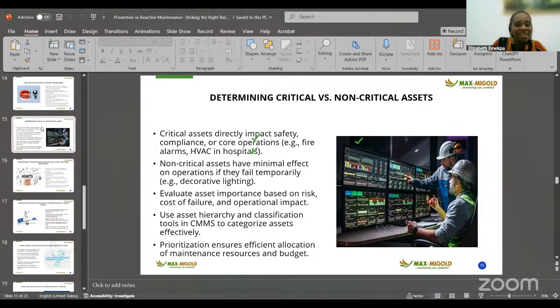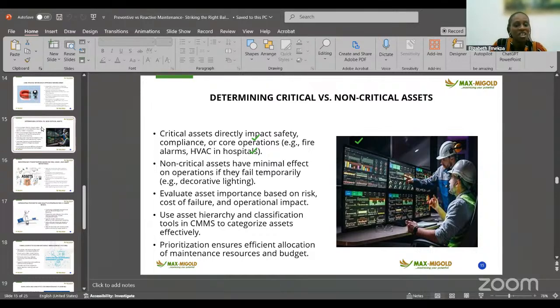Use asset hierarchy and classification tools in a CMMS to categorize assets efficiently. You have your computerization on every asset. A CMMS is software for all your assets. When was this last serviced? How was this used? According to their classes, their hierarchy, their usage, how expensive it is, their efficiency is being computerized.